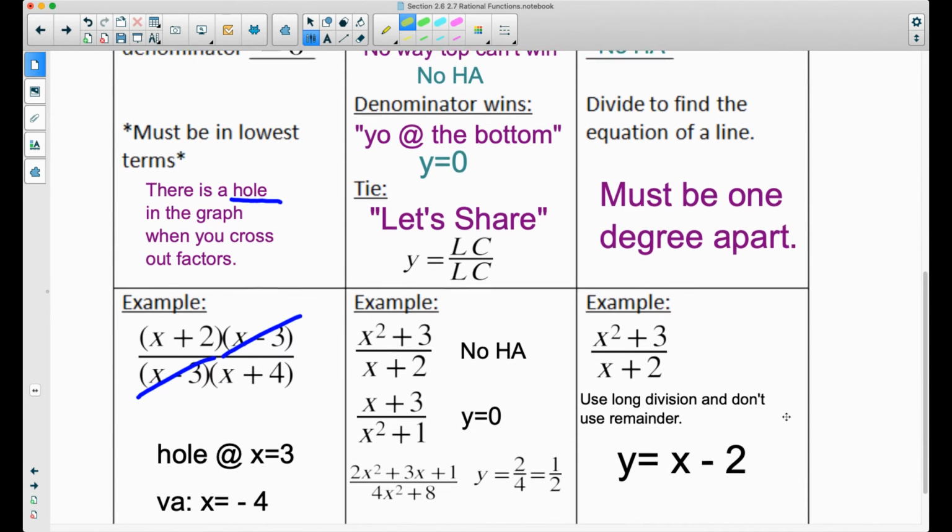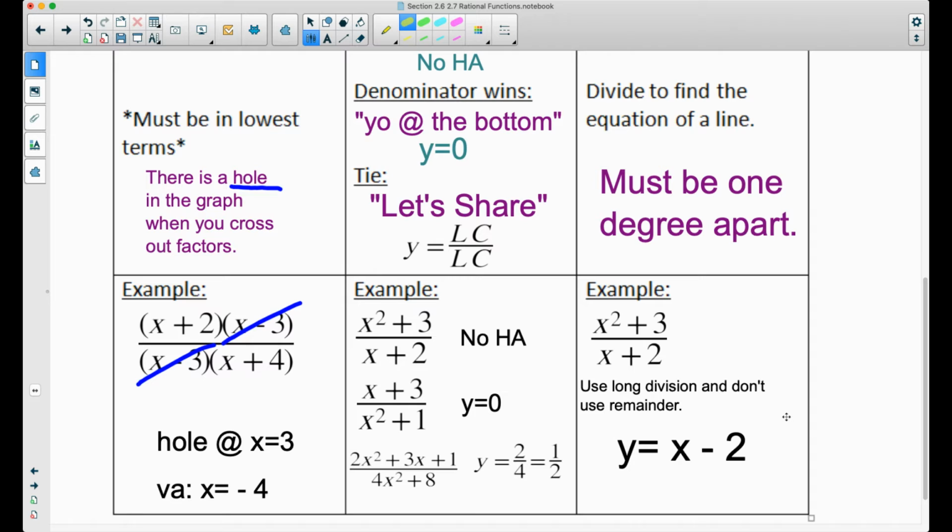All right, so for example, x squared plus 3x over x plus 2. Notice how that's the exact same example we had where it said no horizontal asymptote. So then we would use long division, but do not use the remainder. That's huge right there. Make sure you don't use the remainder.